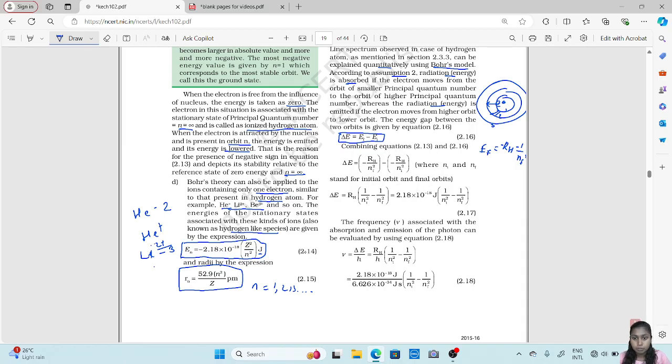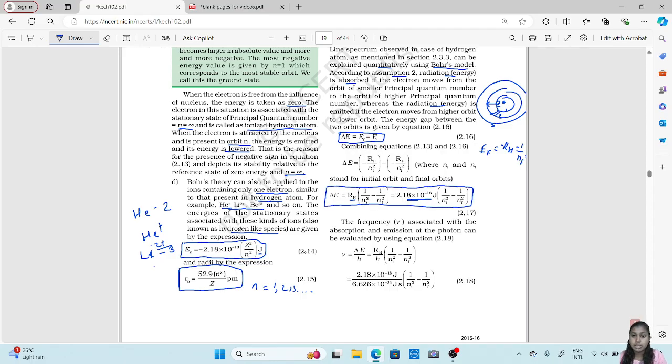When you combine both of them, RH will come common, and 1 by Ni square minus 1 by Nf square will remain in the bracket. Now, RH is the Rydberg constant. This is how you calculate the energy gap of the orbits.